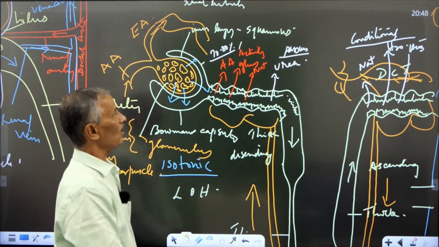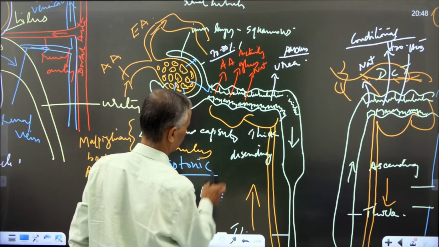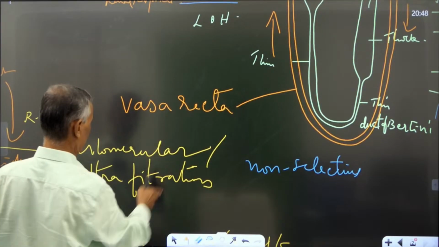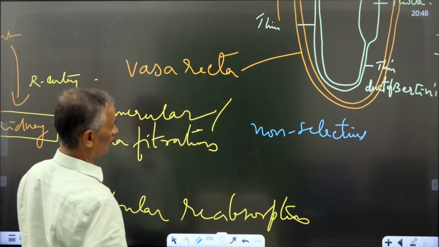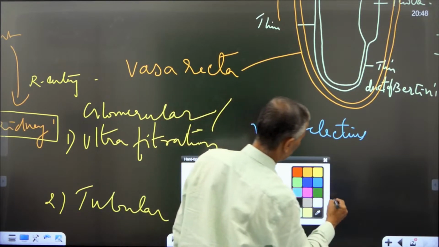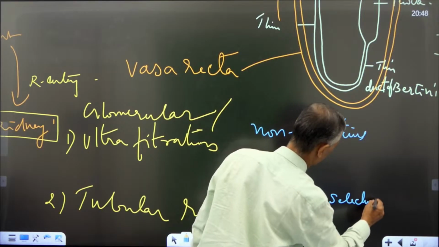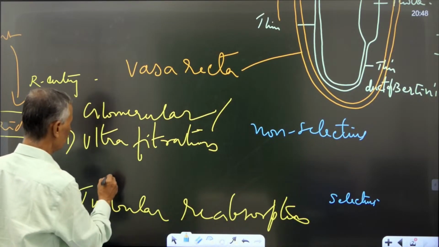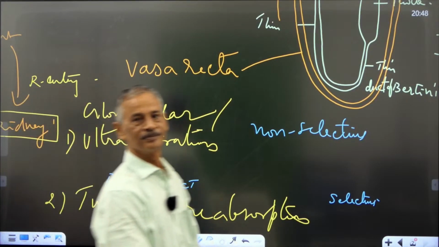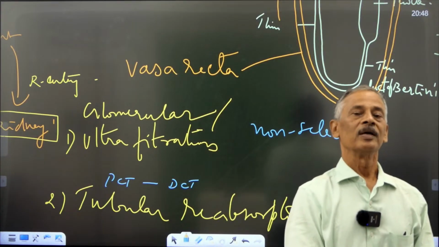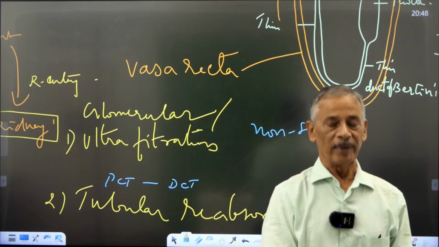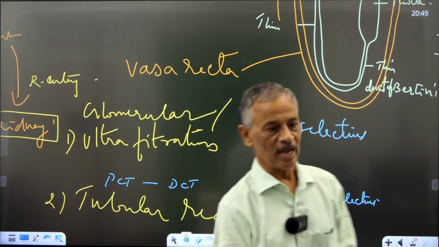So the second most important event is tubular reabsorption. Tubular reabsorption is selective. It takes place both in PCT as well as in DCT. So, essential materials are absorbed, and to maintain normalcy, all such materials are absorbed.